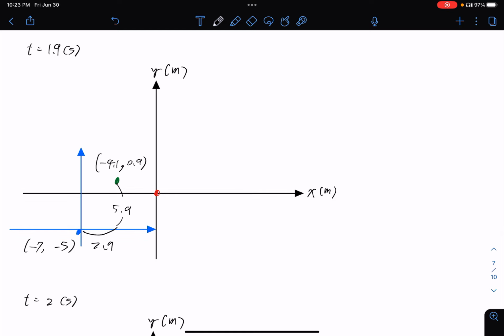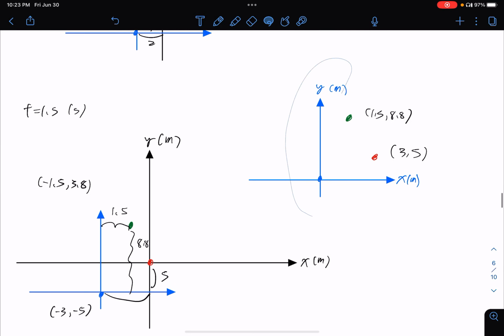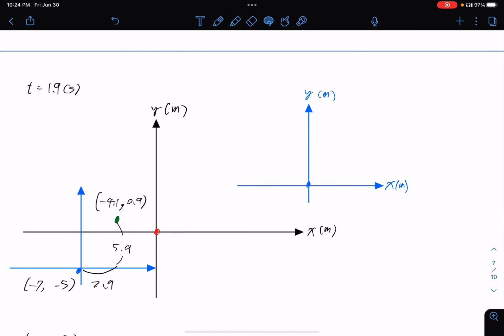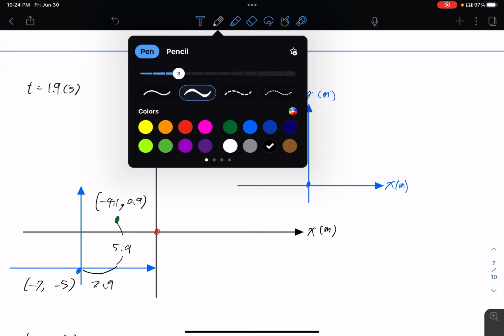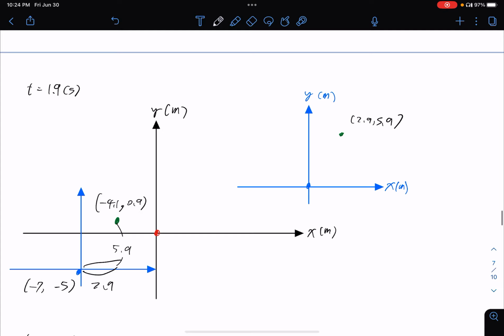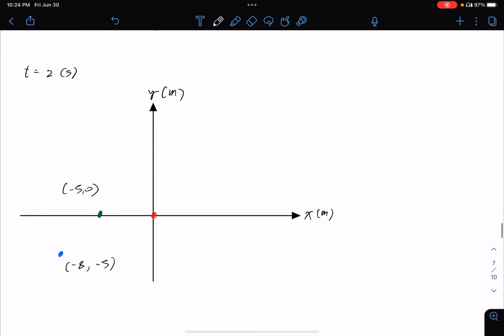So we have the axis over here, and the green one is at 2.9 and 5.9. The red one is at, so here we have a distance of 7 horizontally, 5 vertically. So it will be over here, 7, 5. Now our last one.